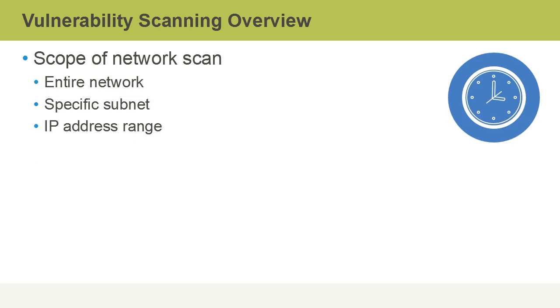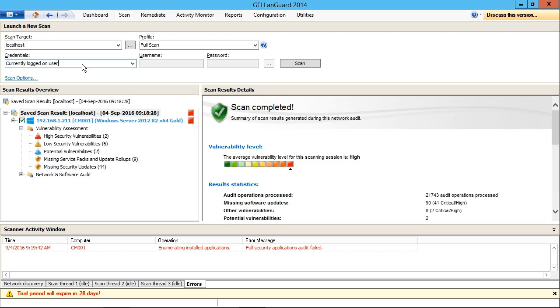So when we start configuring our vulnerability scan, we configure the scope. And that scope might be an entire network, a specific subnet, an IP address range, and so on. Here I've got a trial version of GFI LanGuard 2014. And here under the scan area, I have the option of determining my scan target, which defaults to localhost.